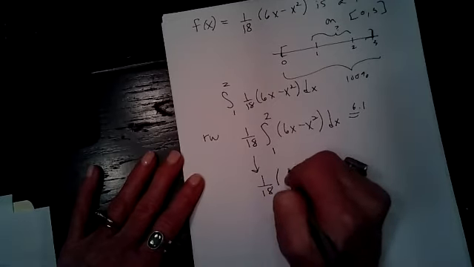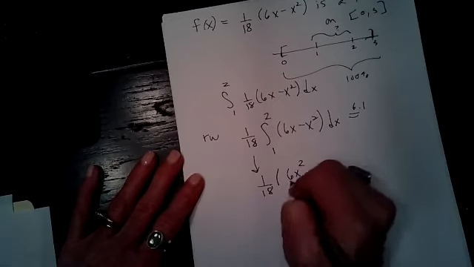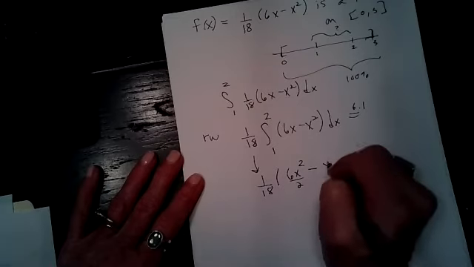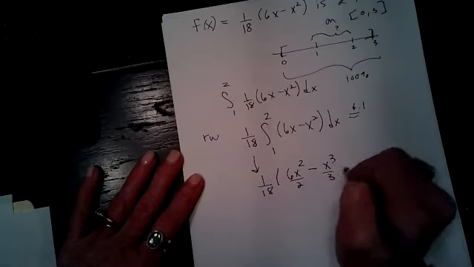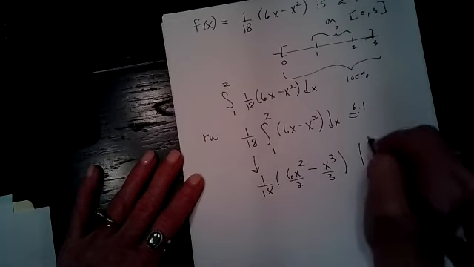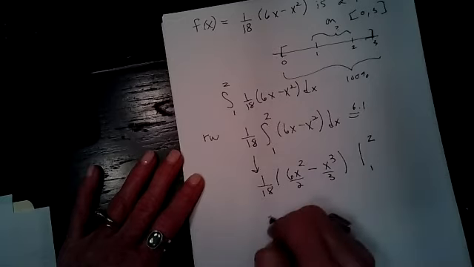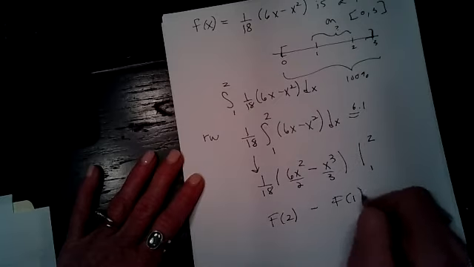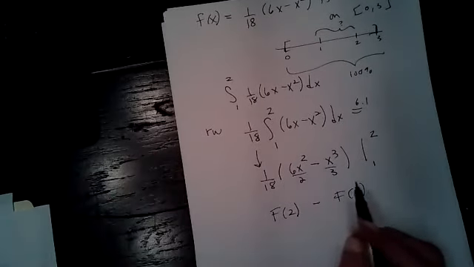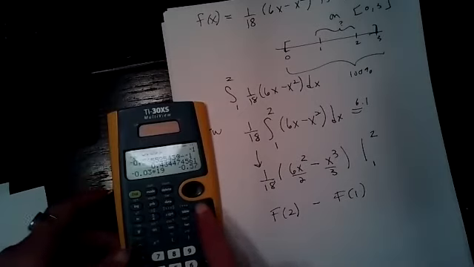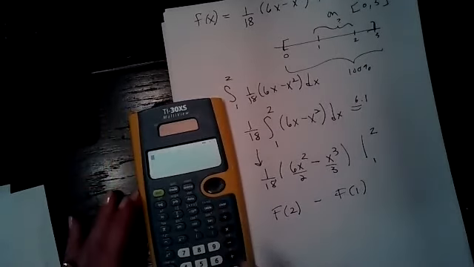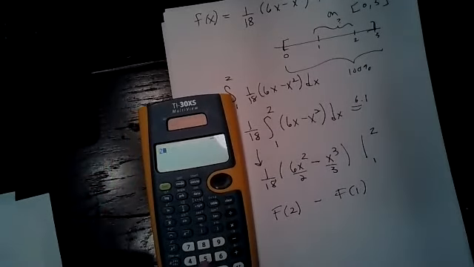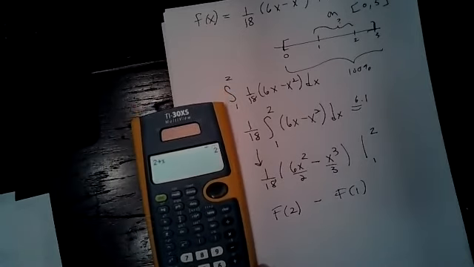And so 6x squared over 2 minus x cubed over 3 from 1 to 2. So I'm going to find f of 2 minus f of 1. And y'all, I'm plugging this in my calculator just like this. I'm going to say 2, store for x, and enter. Can y'all see this?